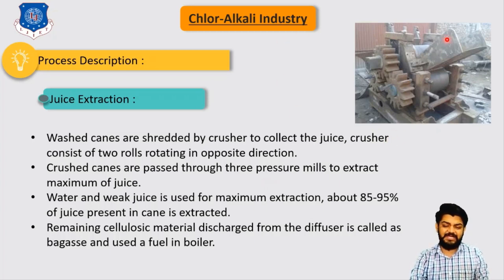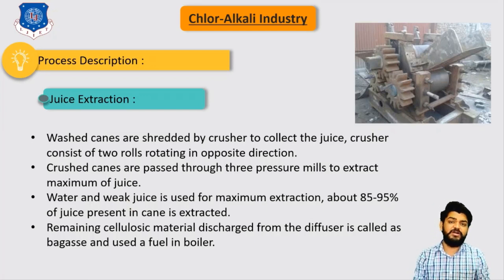As you can see here, these are the pressing mills or the crusher which are used for the extraction of the sugarcane juice. Now you can see here water and weak juice are added to extract the maximum amount of sugarcane juice, and about 85 to 90% of the juice present in the sugarcane can be easily extracted.